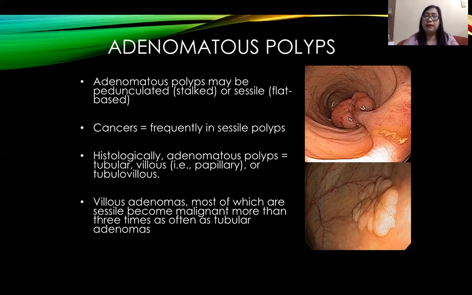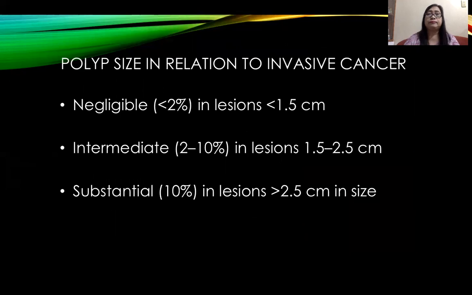Among the three types of adenomatous polyp, the villous adenoma is the most malignant, most of which are sessile, and may become malignant more than 3 times as often as your tubular adenomas, which is the most benign.